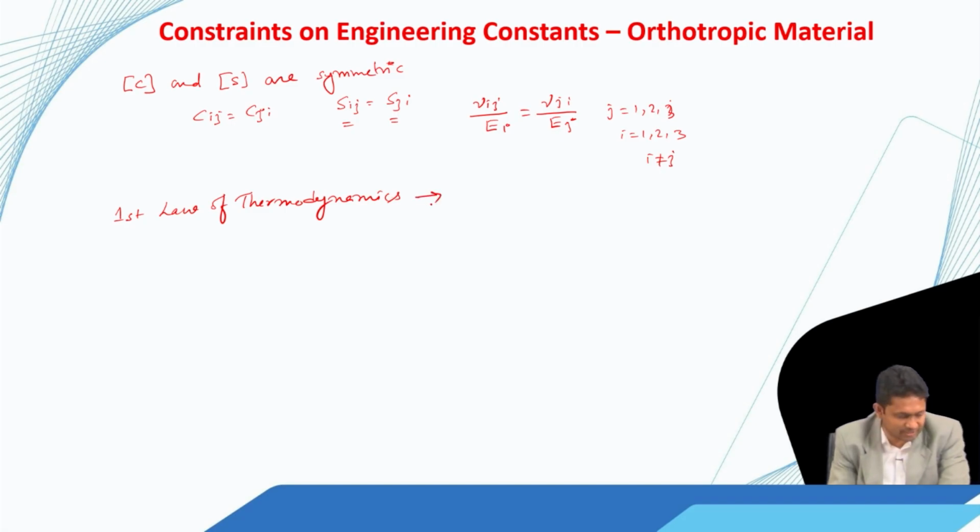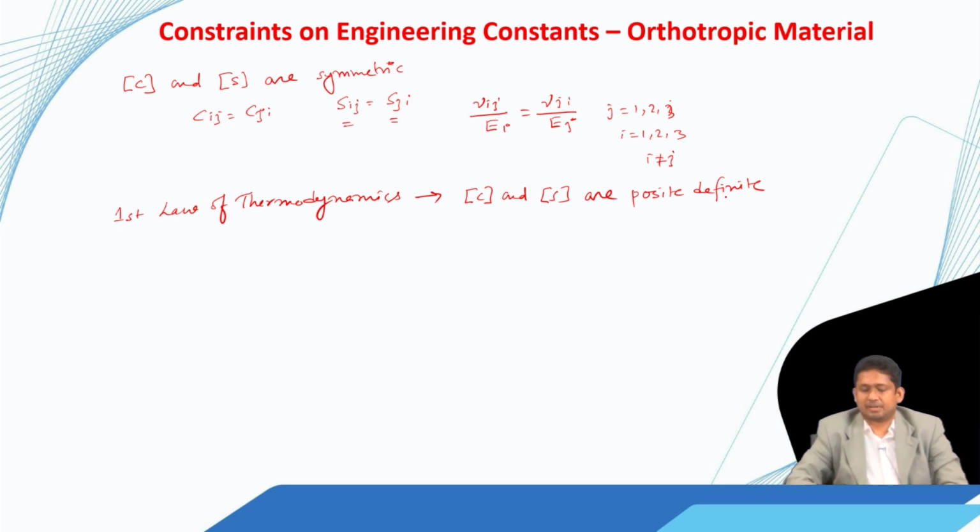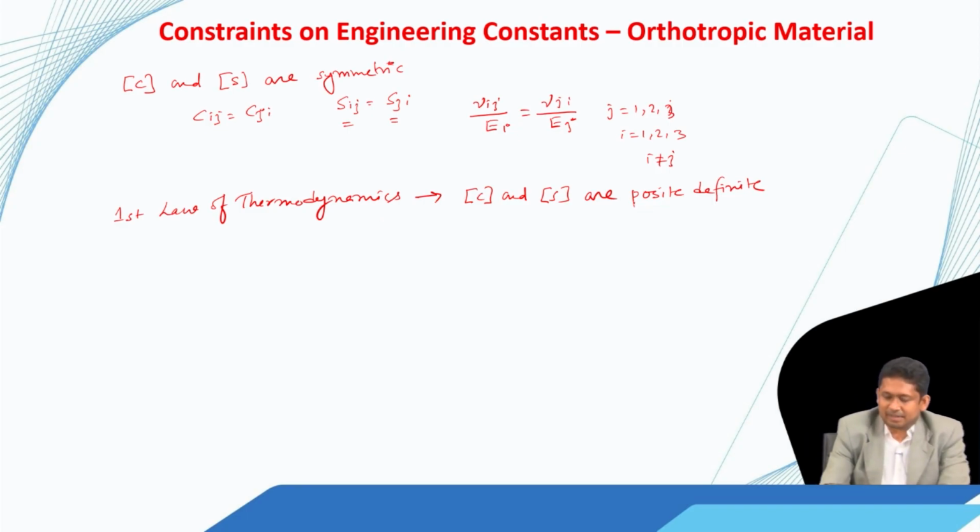That puts a constraint that C and S have to be positive definite. If they have to be positive definite, then the diagonal terms of these individual matrices have to be more than 0, or positive.